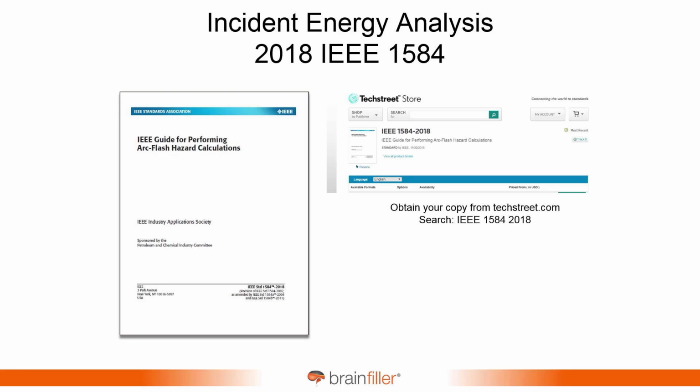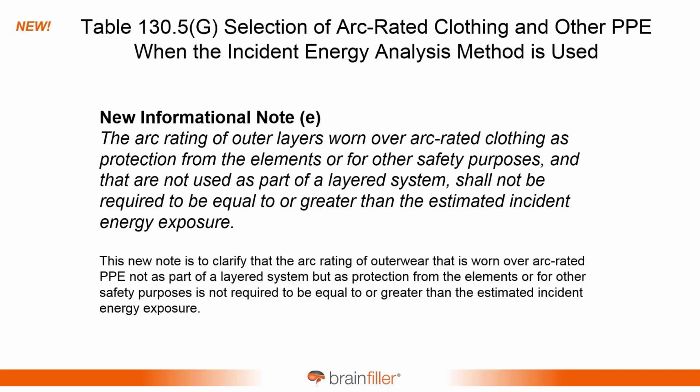Not really. The incident energy analysis is conducted based on IEEE 1584. The 2018 edition is the latest and greatest. I'm the vice chair of this group, and a lot went into it. This defines the calculation methods for calculating the prospective incident energy. This was a pretty significant change.